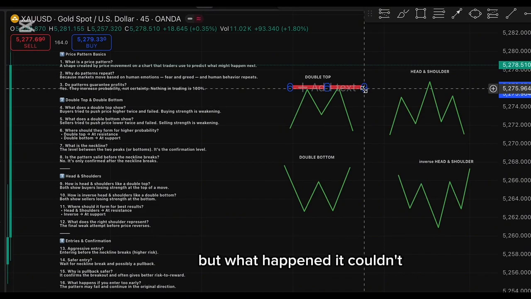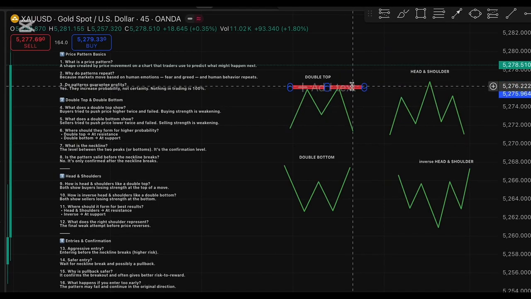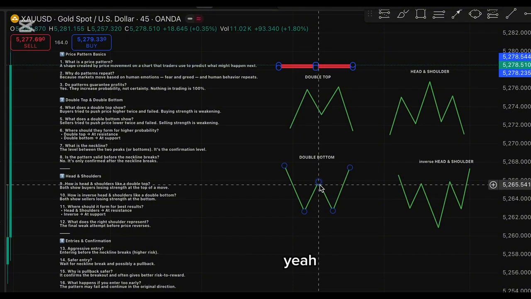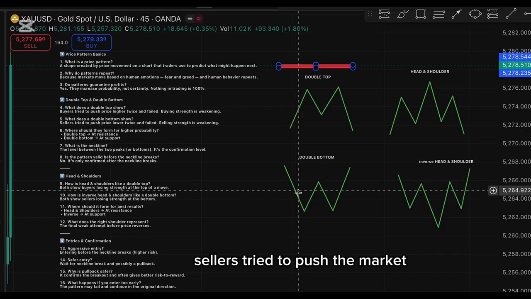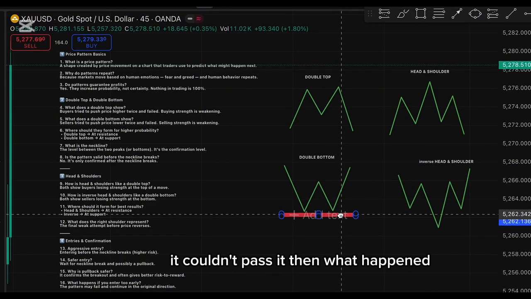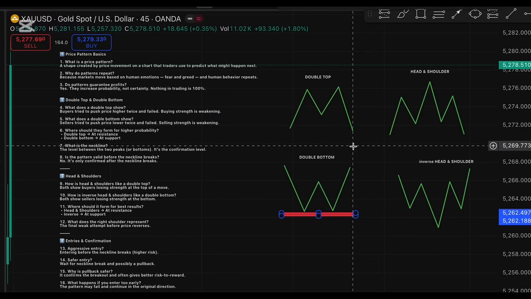But what happened? It couldn't. So sellers took control, then pushed the market down. Sellers tried to push the market down twice, but it couldn't pass this price range. Then what happened? Buyers pushed the market up.